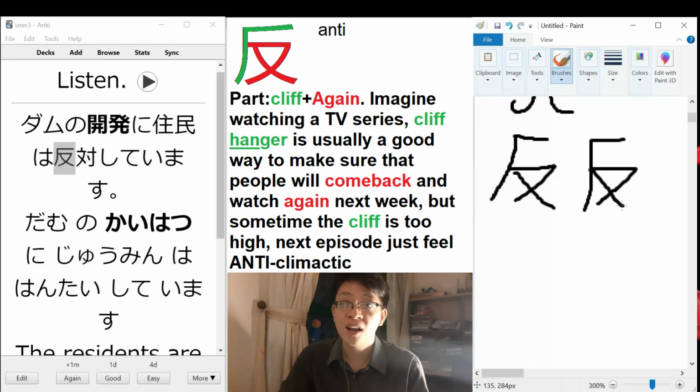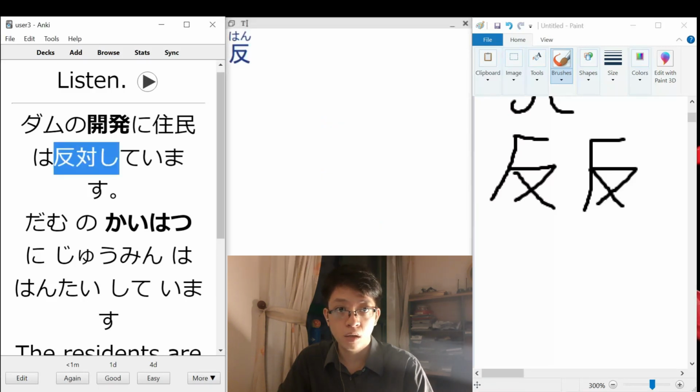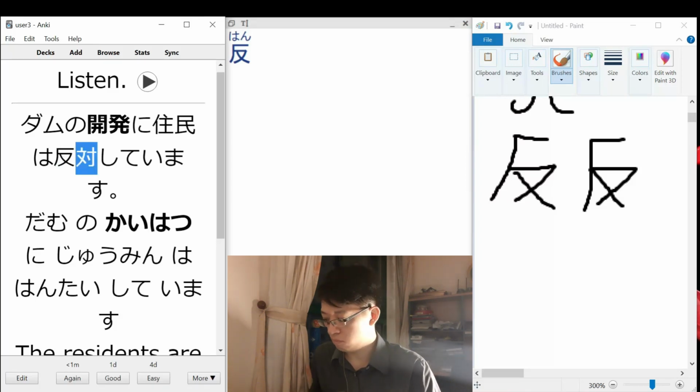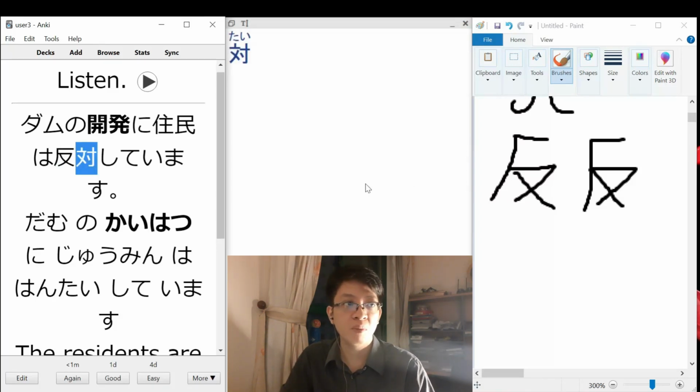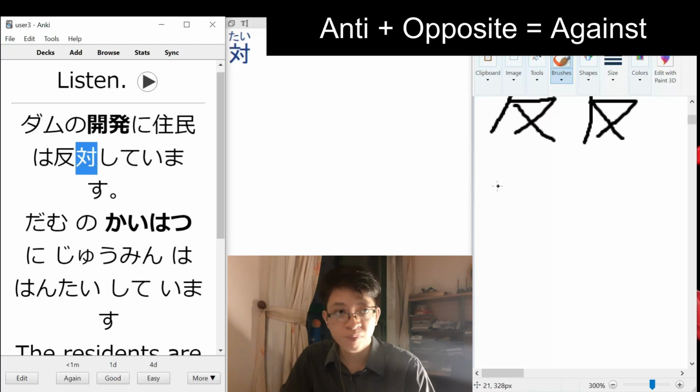But sometimes the cliff or the stake is just too high, and then the next episode just feels anti-climactic. So that is why cliff and again become anti. And then we have this one that means opposite as well. So anti and opposite, and it means opposition.